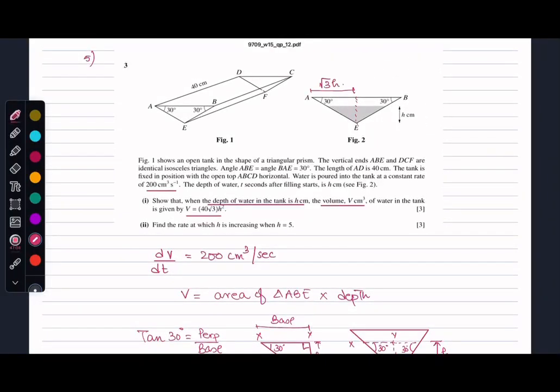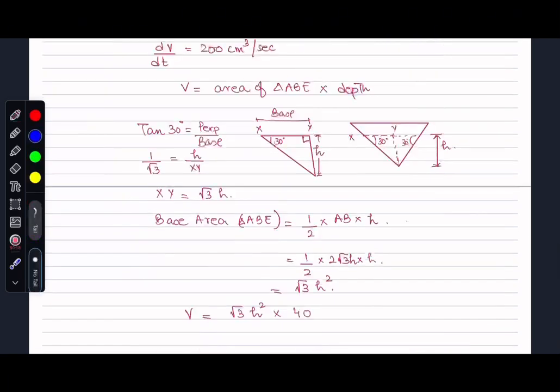That means if I need to have the complete base length here in terms of h, then this shall be equal to twice square root of 3 times h here. So the base area of ABE, this was A, B, and then E. Then we have just said that XY in this case is square root of 3 times h.